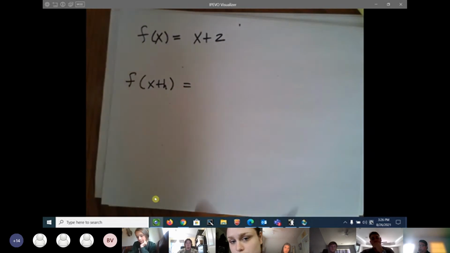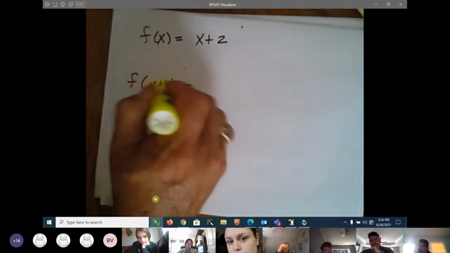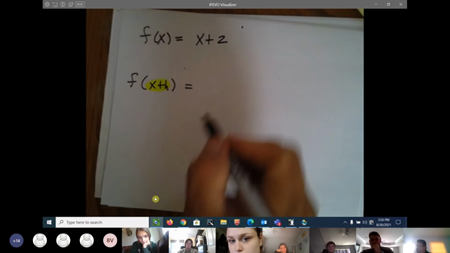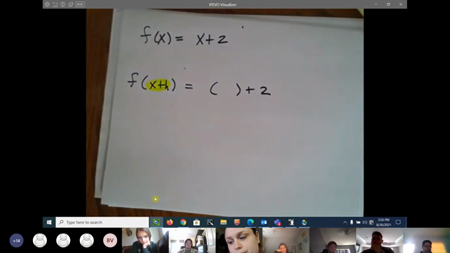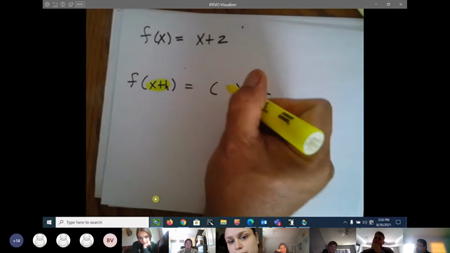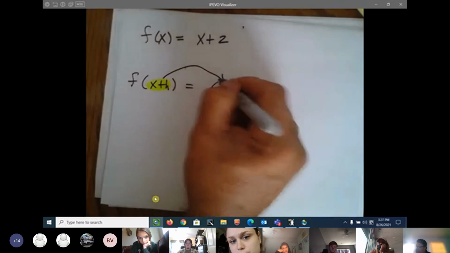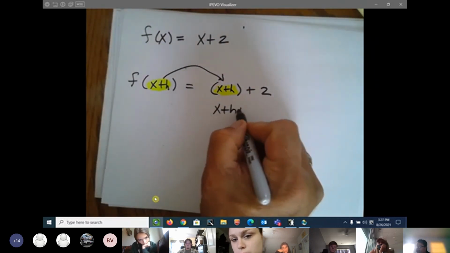So I'm going to do everything I did in the previous problem. This is what I'm going to plug in. I'm going to rewrite this plus 2. I'm going to take an arrow and put this like this, and x plus h plus 2.